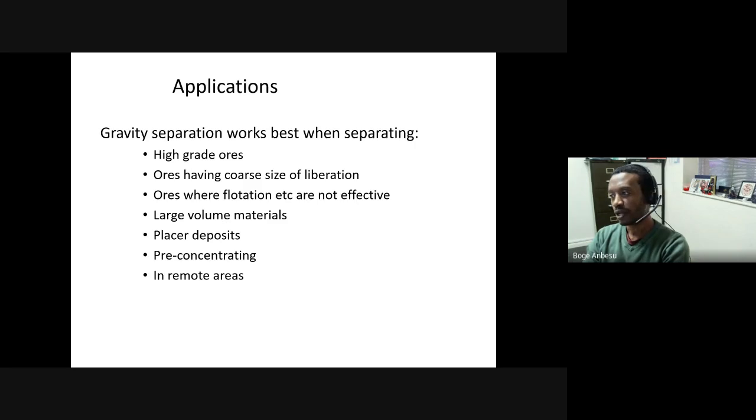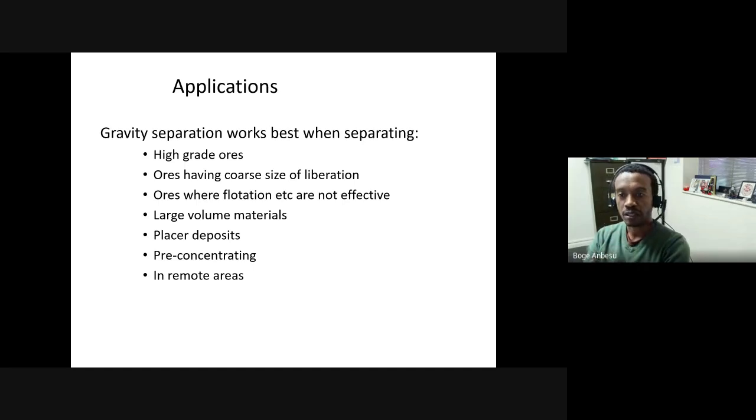For example, there are cases where the ore is simply high grade and maybe you don't need to do fine grinding to liberate the target particles. So in those cases, you would do coarse grinding, particles are at reasonably large size, and therefore you can go straight ahead with gravity separation, simply because that process will be a lot cheaper and a lot more straightforward.